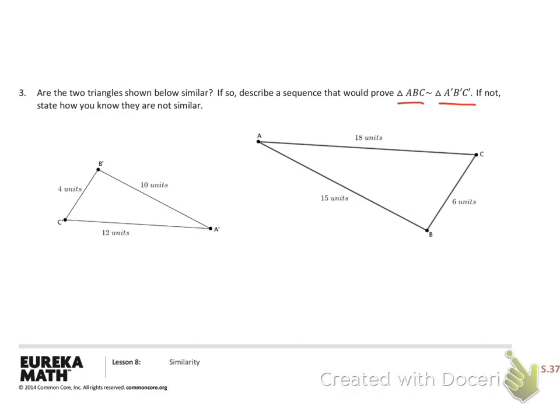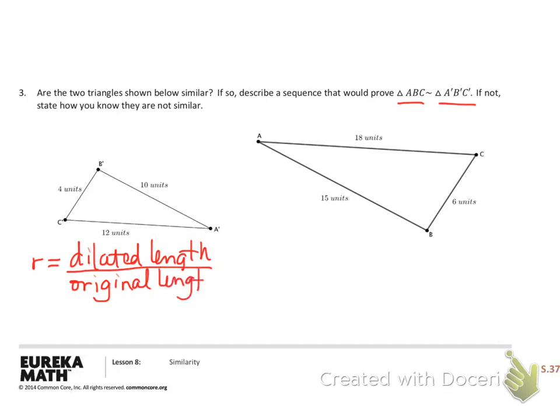Okay, so again, our scale factor is our dilated length compared to the original. So it's telling me how many times bigger the dilated length is than the original, or smaller, as the case may be. So let's first look at segment AB.